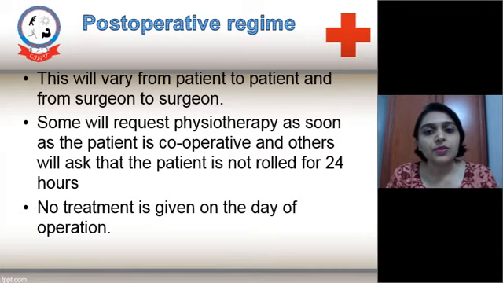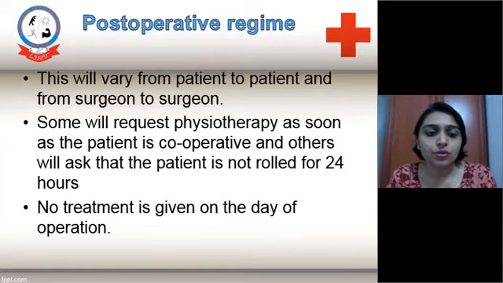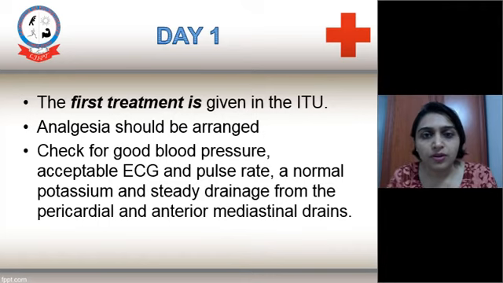Some will request physiotherapy as soon as the patient is cooperative, and others will ask the patient not to roll for 24 hours. So most of the time we would not disturb the patient for at least 24 hours after operation. So no treatment is given on the day of operation. But on day 1, the first treatment is given, usually in ICU.